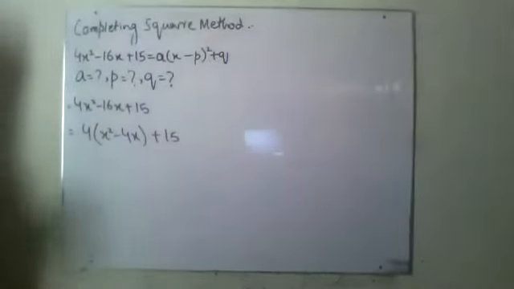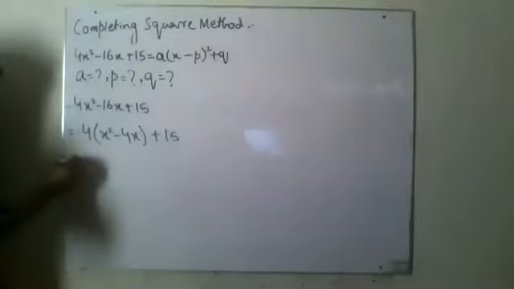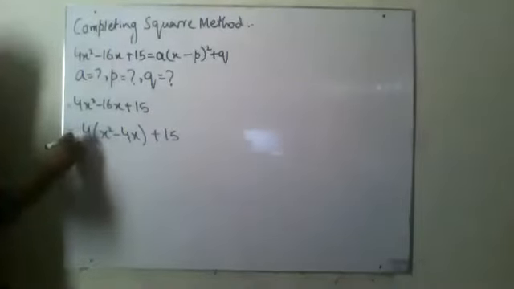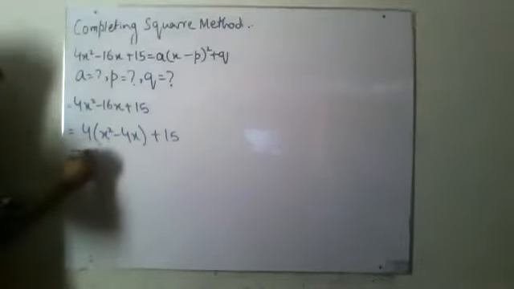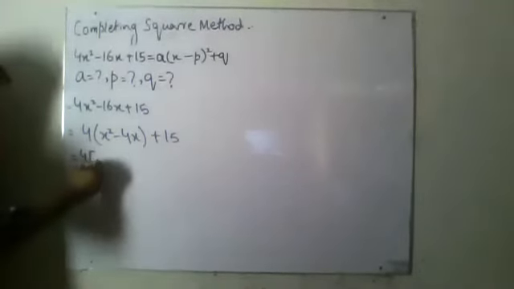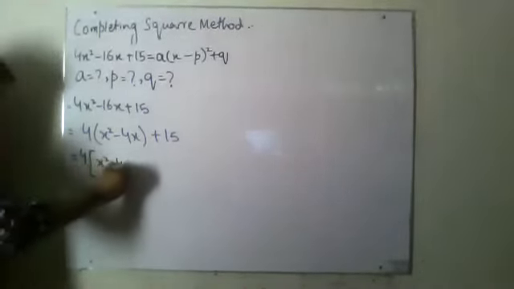After this, nothing I can do outside, so I'm going inside the bracket, x square minus 4x.